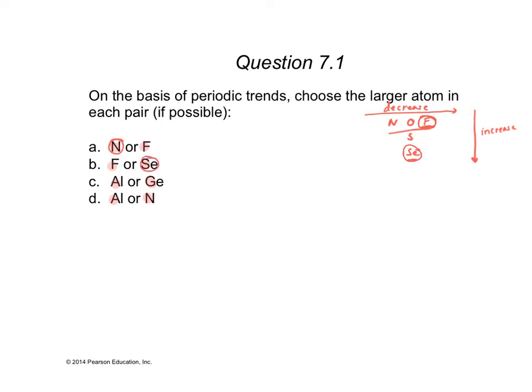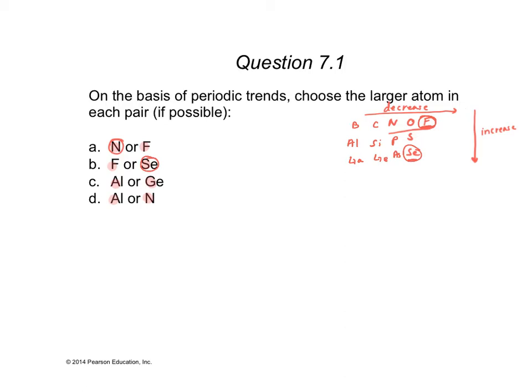Okay, so then we're going to deal with aluminum. It's nitrogen, carbon, boron. Aluminum is right here, and this is silicon, phosphorus. This is gallium, and this is germanium. There is an arsenic right here, but we're ignoring that anyways.